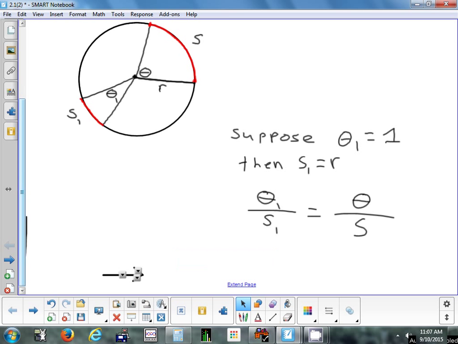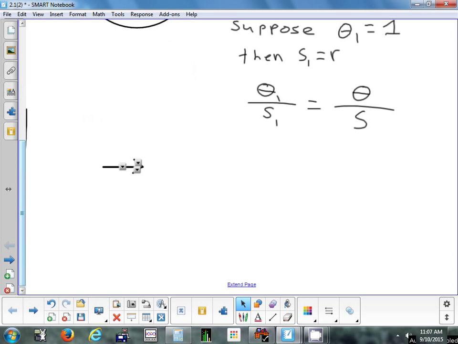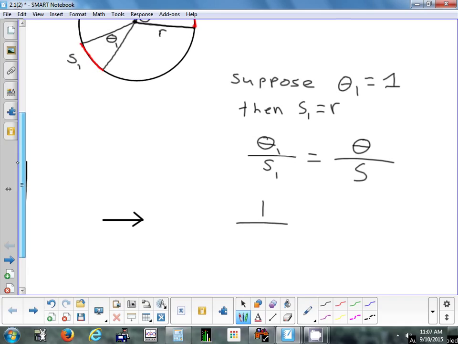In place of theta 1, we're going to fill in 1. And what are we going to plug in place of S1? Yeah, the radius. On the right-hand side, we have nothing to plug in. Just leave it the same.